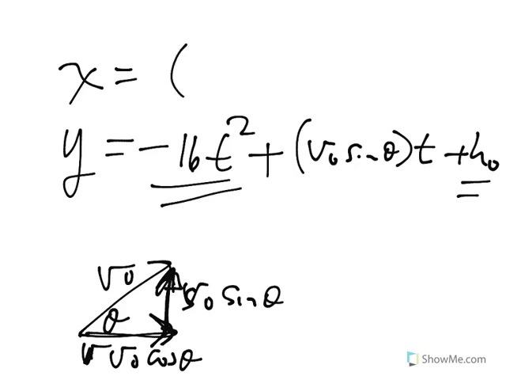The x equation is a lot simpler because the horizontal displacement has nothing to do with the vertical displacement. It actually is constant speed. So I'm going at this speed in the beginning, and I continue to go with that speed. This is like neglecting air resistance and things like that. That's v0 times cosine theta. So those are our two equations, and we can use these to do some scenarios.